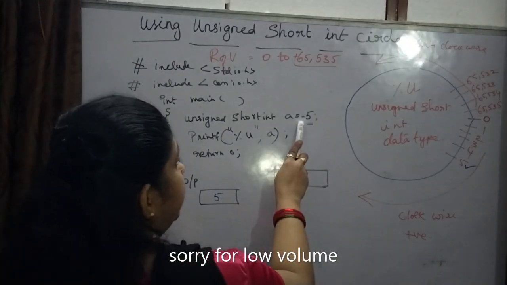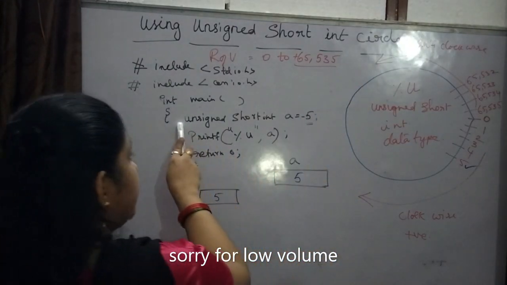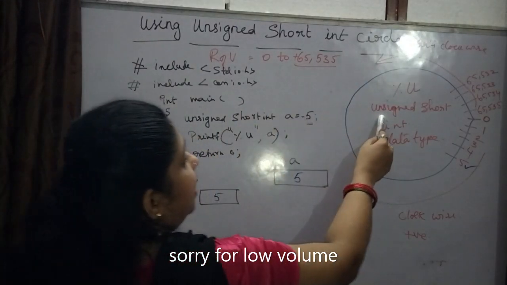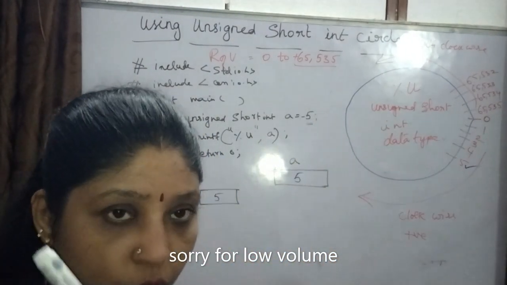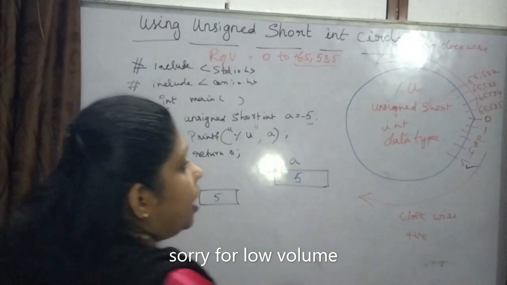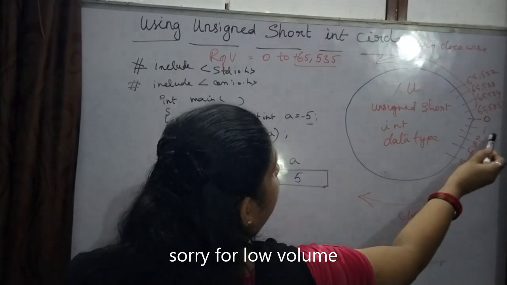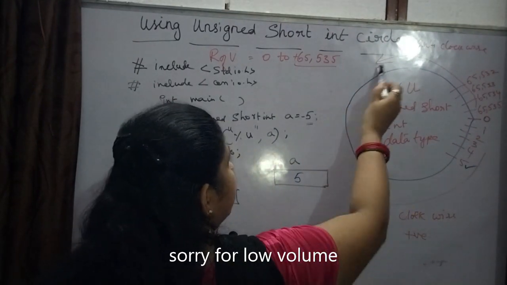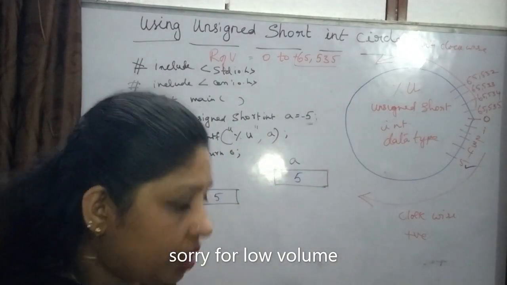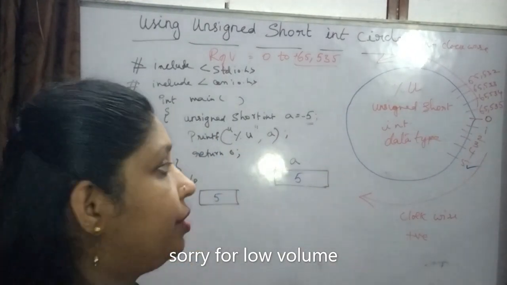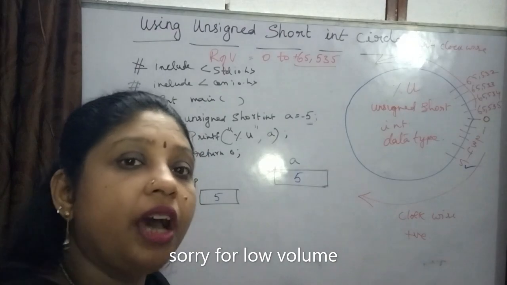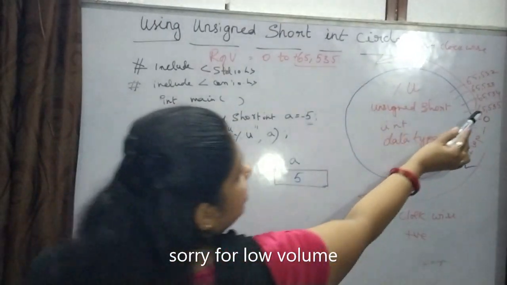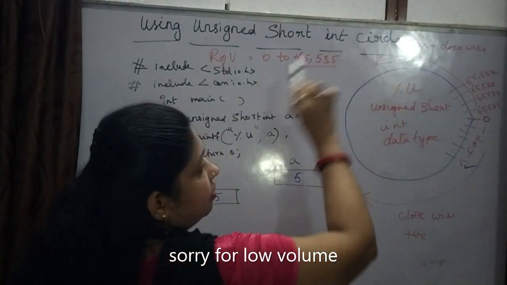The moment it comes here, it enters into this circle, because unsigned is there, it will enter into the unsigned circle only. Now it checks 0, 1, 2, 3, 4, 5, like this it goes on checking. The negative value is not found here, so it will go in the anti-clockwise direction. I said this is the anti-clockwise direction, right?